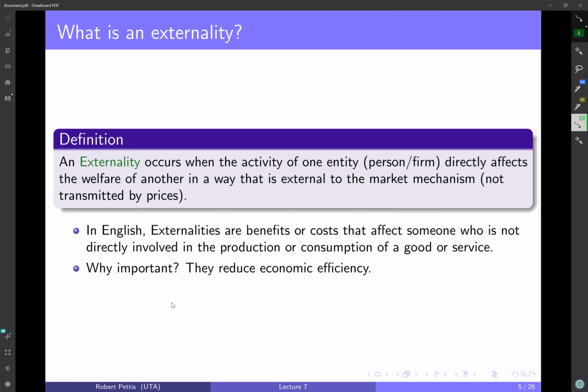So someone that's not engaged in this market is being affected by the transaction, by this production or consumption of this good. And why do we even care about that? Well, if we're concerned about an overall level of efficiency, then this concerns us, because the presence of this externality is actually going to reduce economic efficiency.